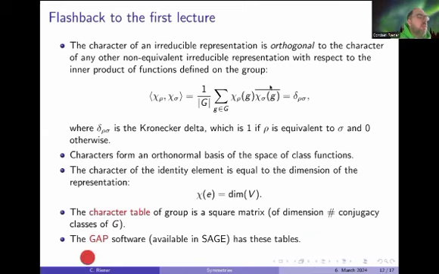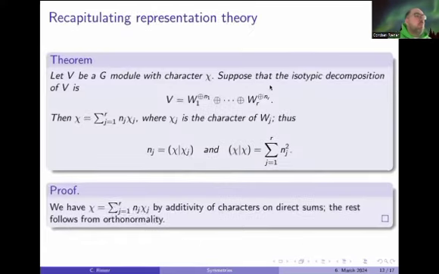For example, a very famous software system is called GAP, which has a lot to do with group theory, and is also available in Sage. If you're interested in a specific group, let's say your favorite group, most likely its character table is available in the software. So you don't have to calculate these characters. You can just look them up in a big book.